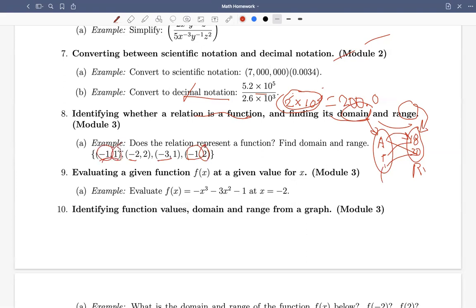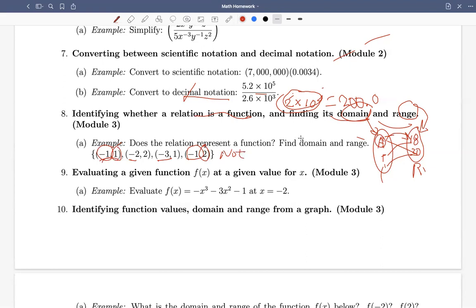So that's not a function. This relation won't make a function because the first member -1 is assigned 2 values. It's like Amy having 2 ages: Amy is 18, Amy is also 20. So this is not a function.